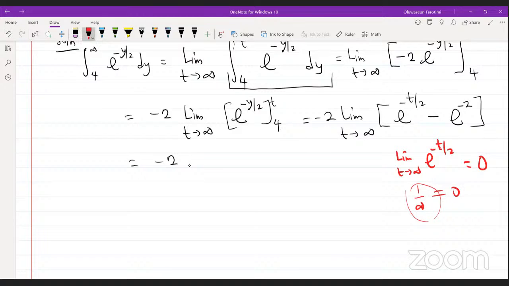So that means I have a 0 minus e to the negative 2. e to the negative 2 is a constant, so you don't do anything with it. This is negative 2 times negative e to the negative 2, which is just 2e to the negative 2, and that's it.